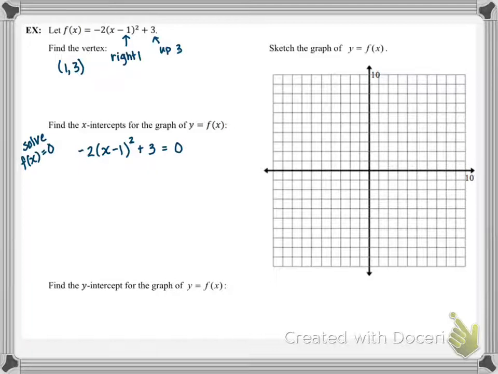Do you guys know what a, b, and c are based off this form? No, we don't have ax squared plus bx plus c, right? So using the quadratic formula isn't going to work very well. And then, is it factored? No. It's not factored, so solving by factoring isn't going to work too well. So there's only one other choice. What is it?